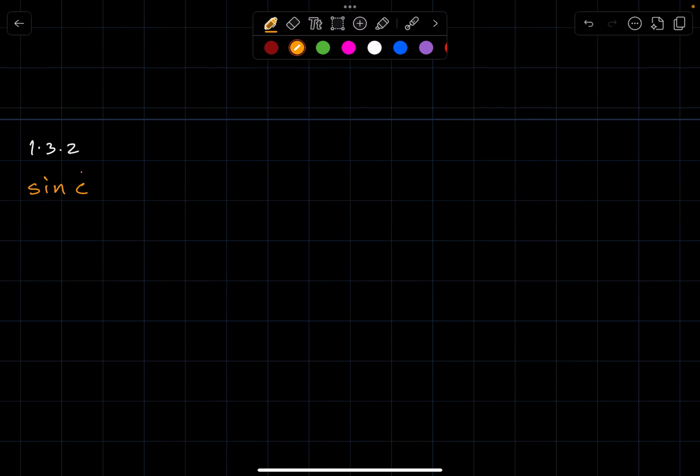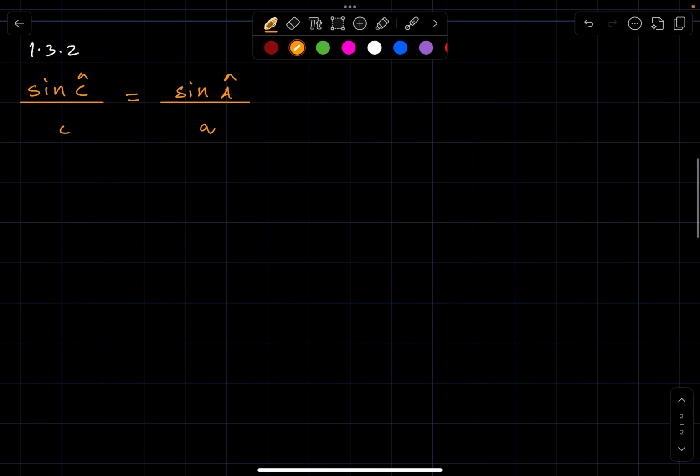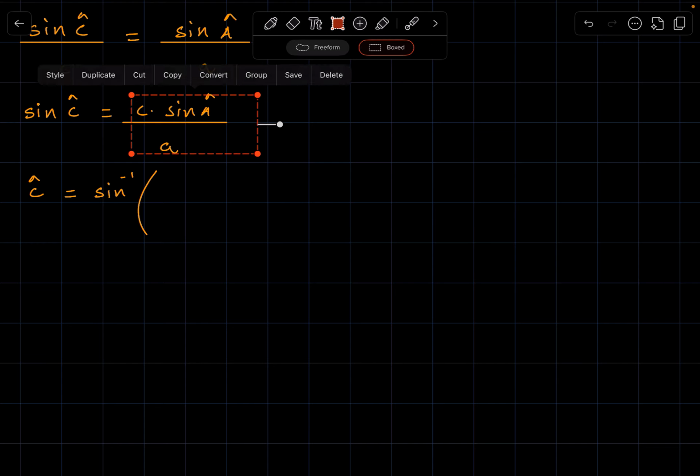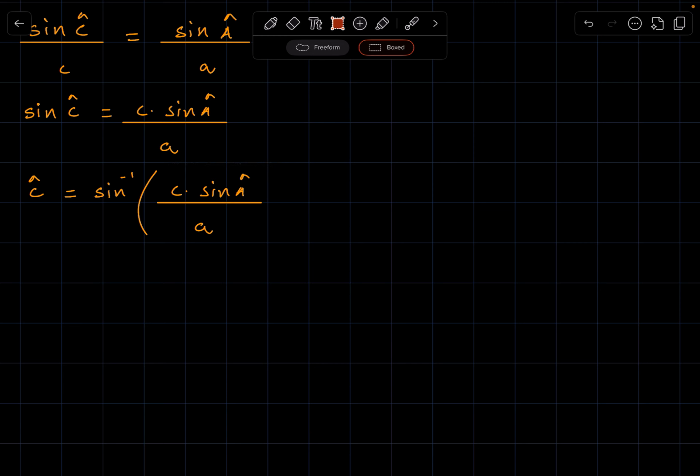Using the sine rule, sine C divided by side C is equal to, we have angle A, so sine A divided by side A. Here we're looking for angle C, so this will be sine C. We now get rid of side C, so this will be C times sine A divided by side A. And then to get angle C, we have to calculate the arc sine of side C times sine angle A divided by side A. This is what we are looking for.